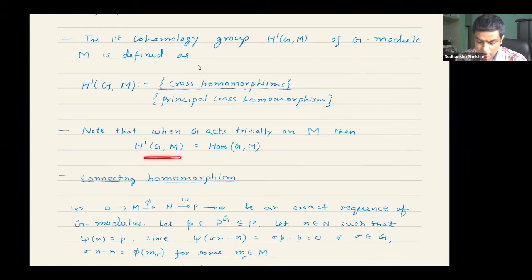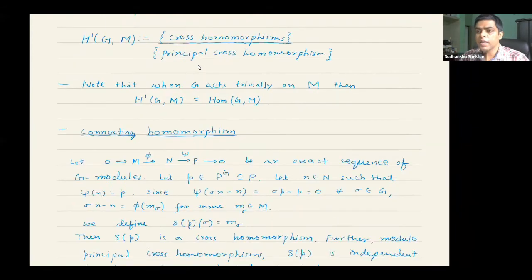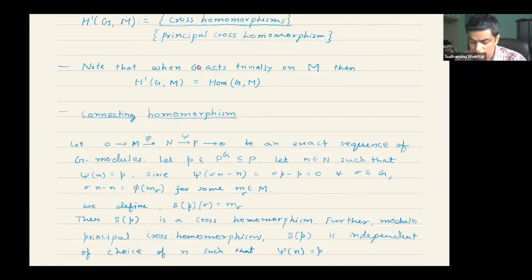Next is what is called a connecting homomorphism. We will be using this several times throughout this lecture, so I thought it's better to have the definition written down here. How do we define it?